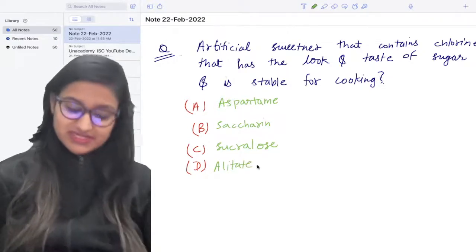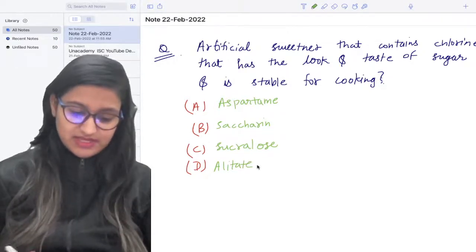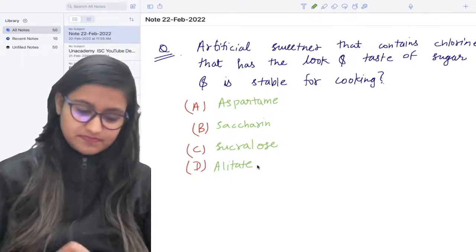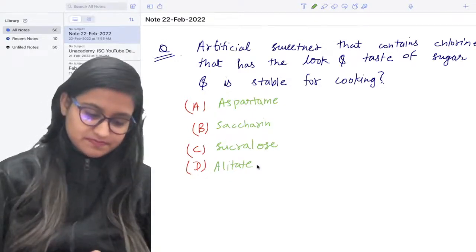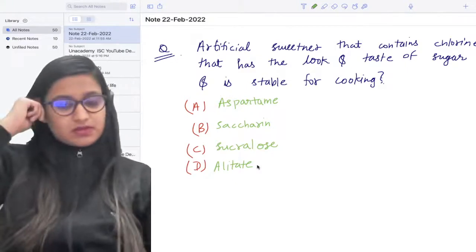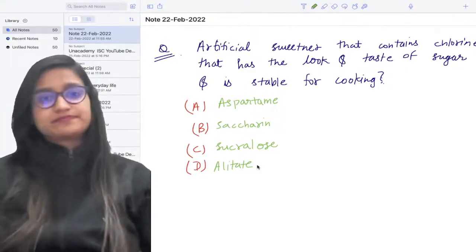Tell me guys, what is the right answer? I'll give you 1 minute.